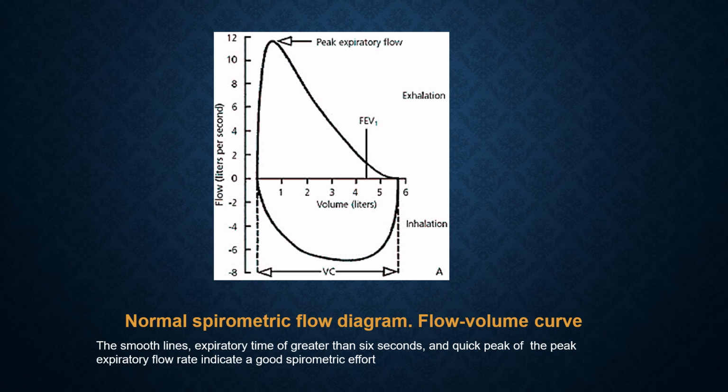We can see a sudden rise in the curve. This peak is called peak expiratory flow or PEFR, and here on the x-axis we can see FEV1, that is during expiration in 1 second, and this one is the total vital capacity.